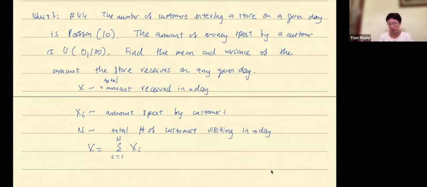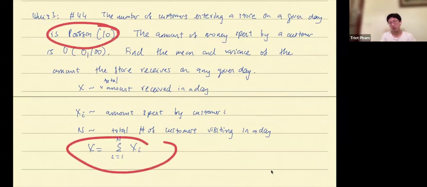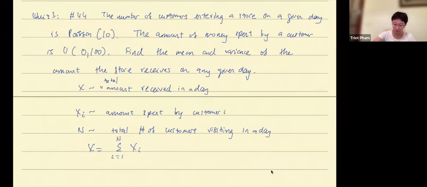They're all the same, they're all IID. Then the total amount of that event across all arrivals will be a compound random variable.